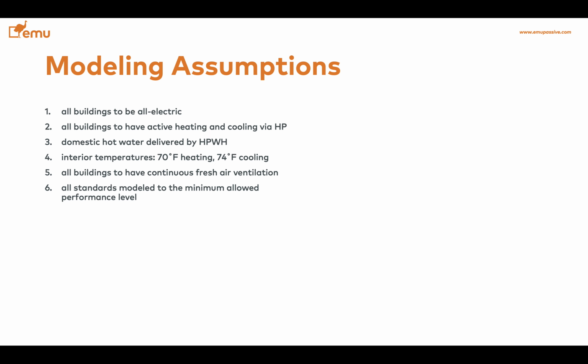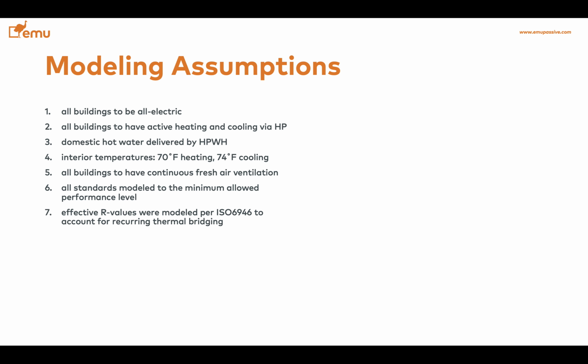All standards were modeled to the minimum compliance of that standard. Yes, you can build an Energy Star home better than that minimum Energy Star, but we are comparing building standards with each other, so we really stuck to the worst version of that building standard.